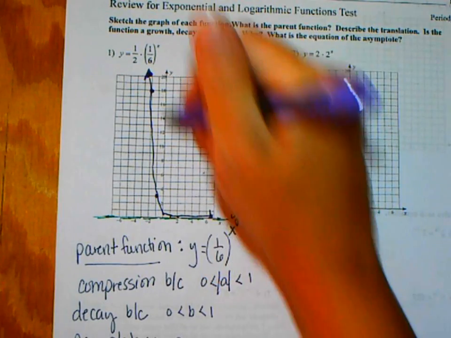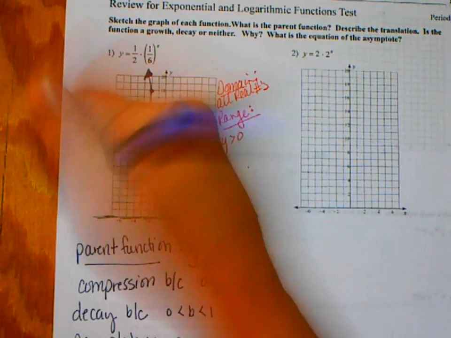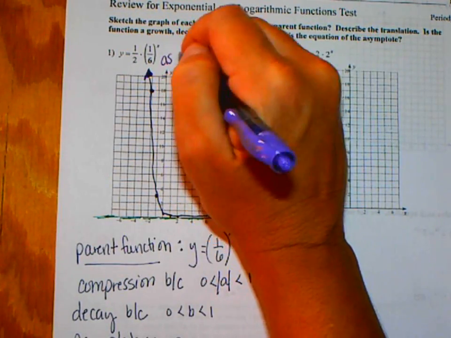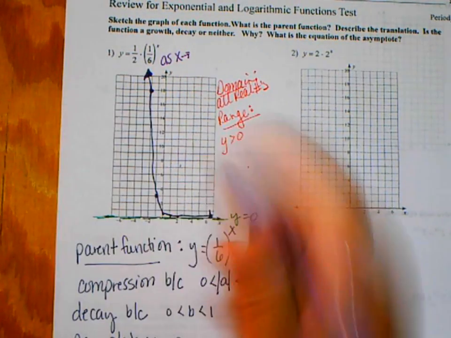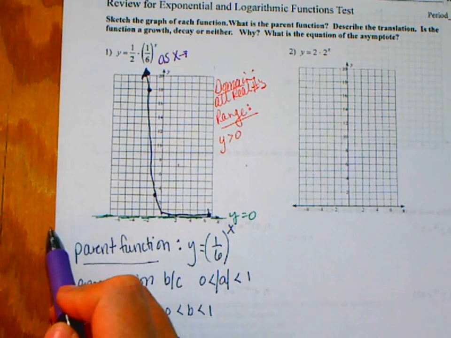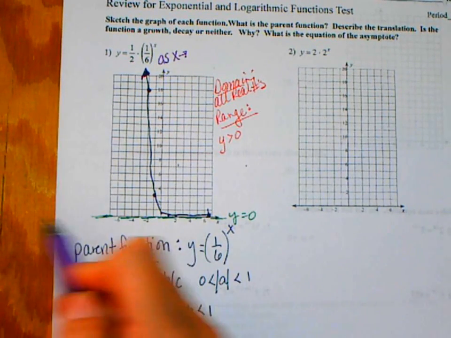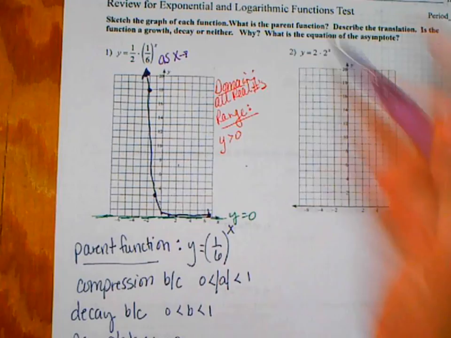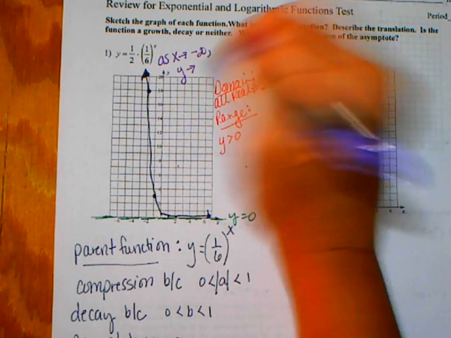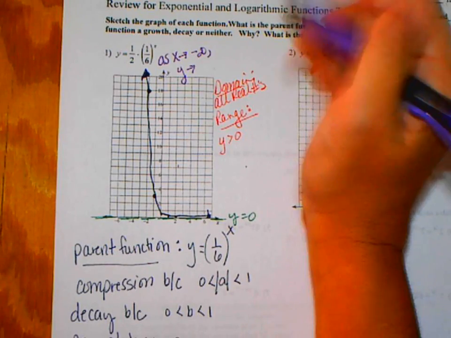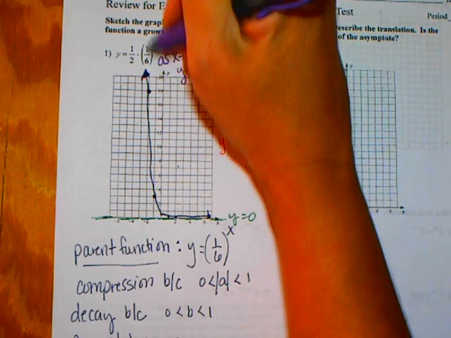when your arrow's going in this direction, what are your x values approaching? Negative infinity. Your x values are approaching negative infinity, right? When your arrow's going that way. So as x approaches negative infinity, what is y approaching? Up here, up here.